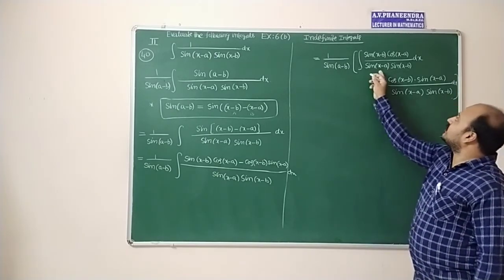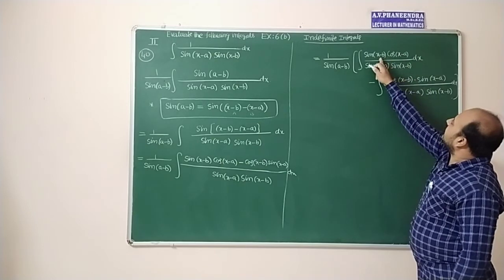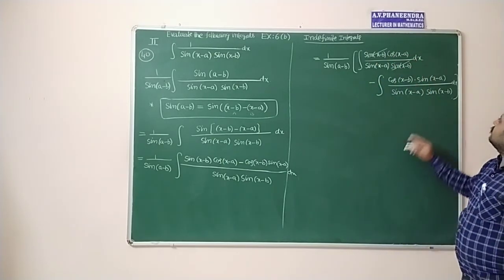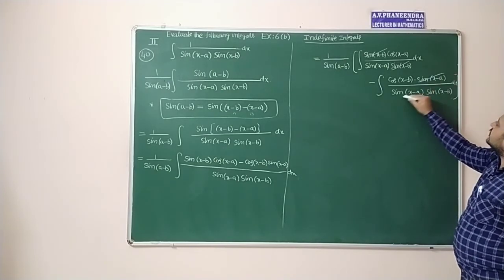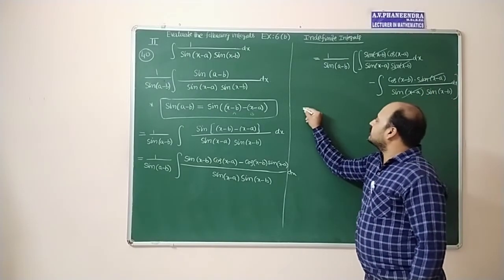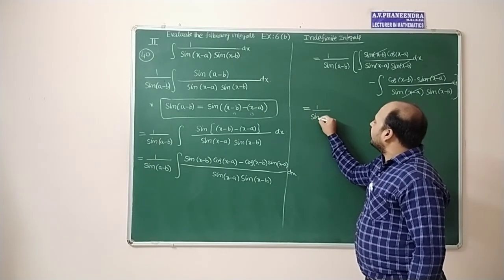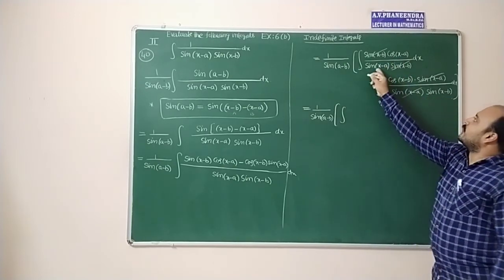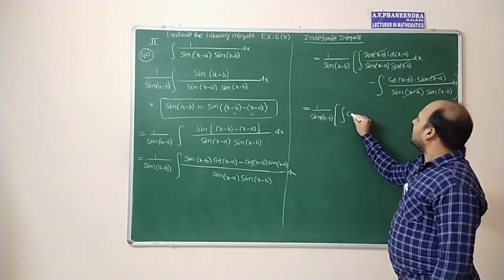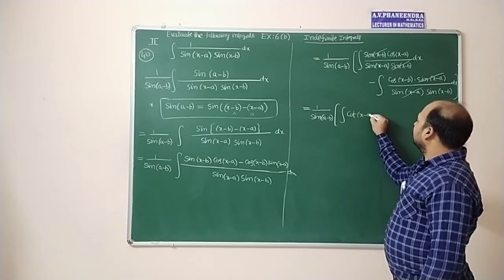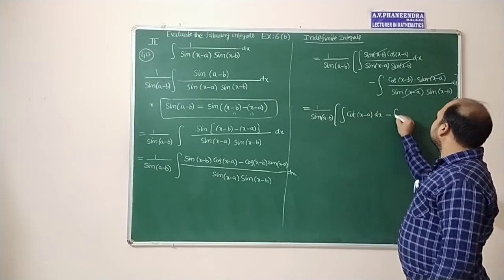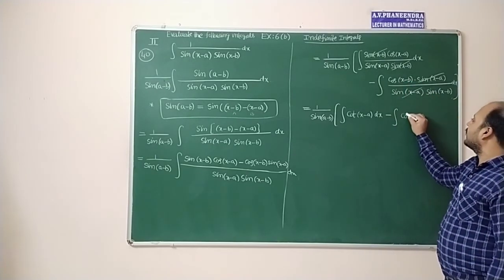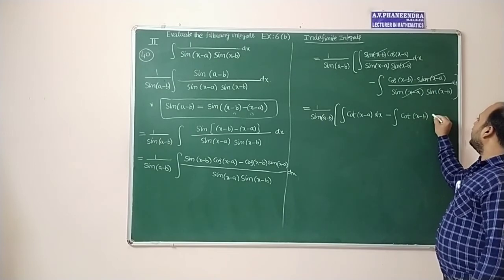Let us come to the first term. Sin of x minus b, sin of x minus b get cancelled. Come to the second term, sin of x minus a, sin of x minus a get cancelled. The remaining terms: 1 by sin of a minus b into integral cos of x minus a by sin of x minus a, cot of x minus a into dx, minus integral cos of x minus b by sin of x minus b, cot of x minus b into dx.